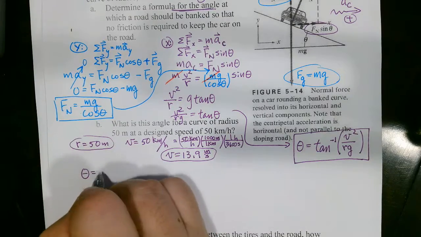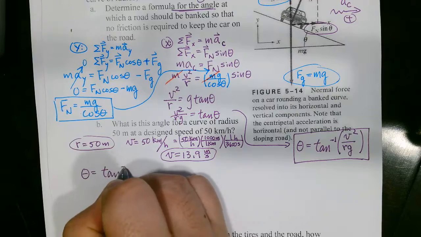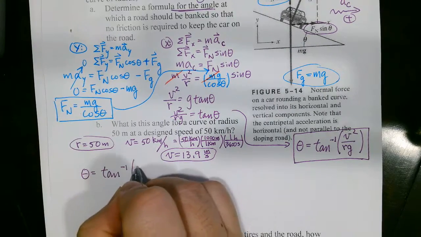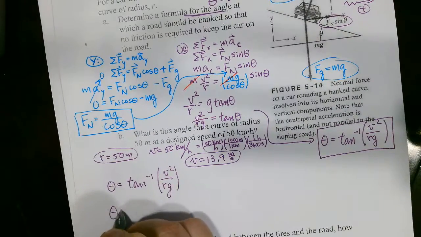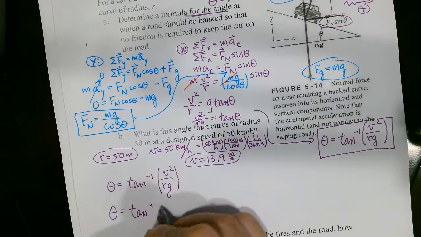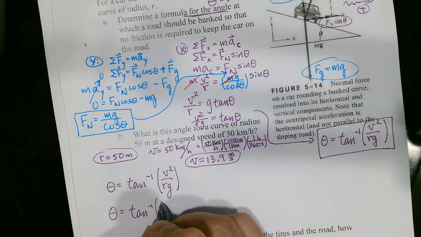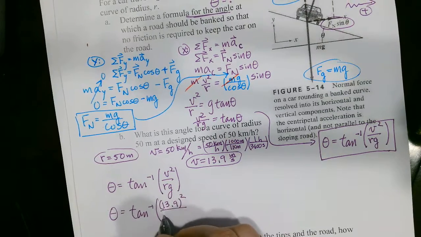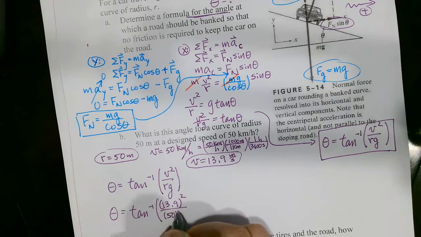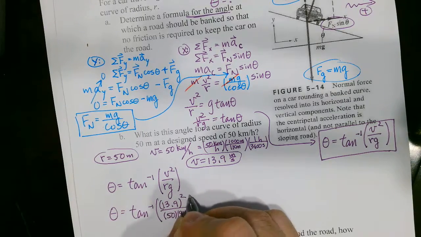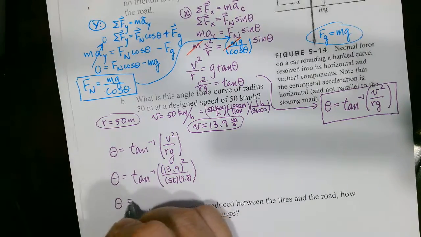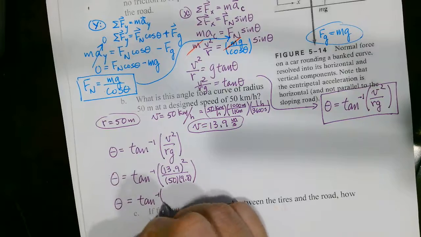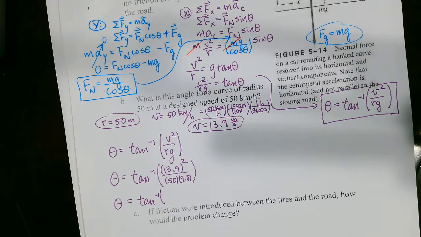That is, theta is equal to tan inverse of v squared over rg. So theta is equal to tan inverse of 13.9 squared over 50 times 9.8. What is 13.9 squared?